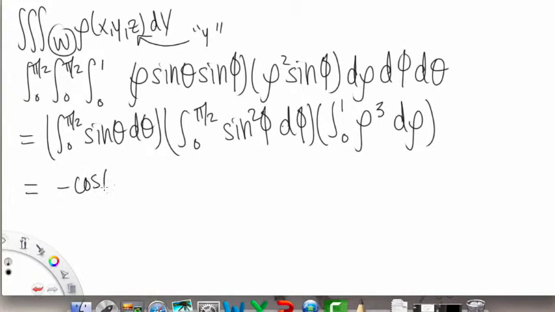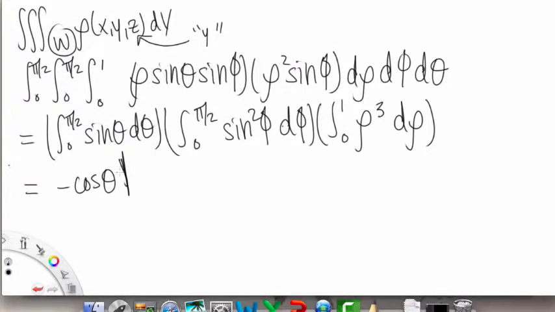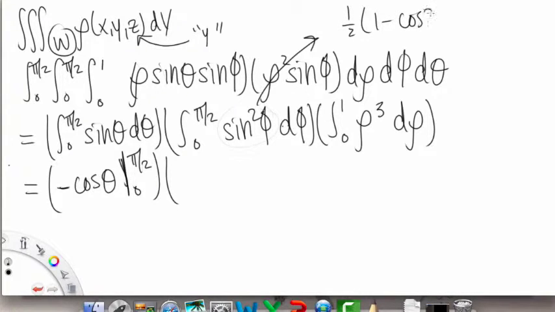So we have our negative cosine theta, and that goes from 0 to pi over 2, okay? And then we have this sine squared phi. Remember before, that was actually equal to 1/2 times 1 minus cosine 2 phi, because of the double angle formula.